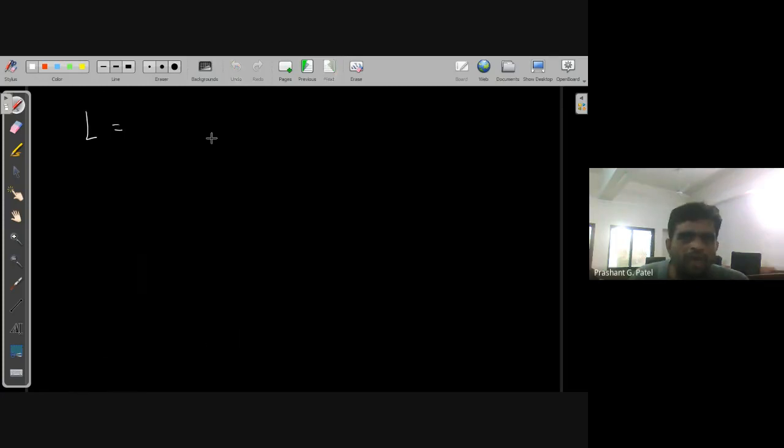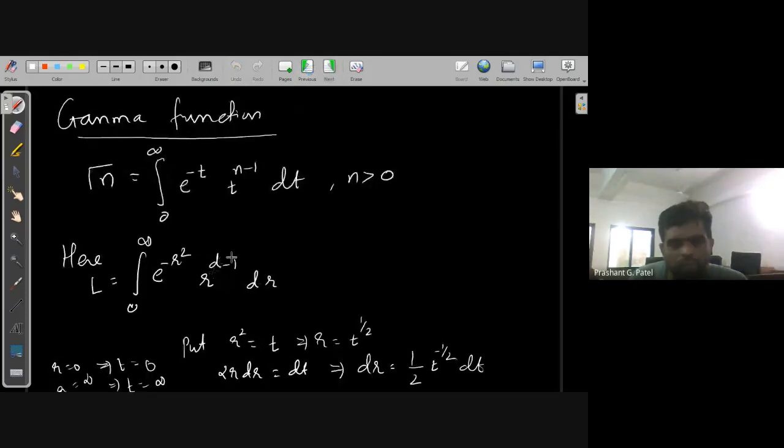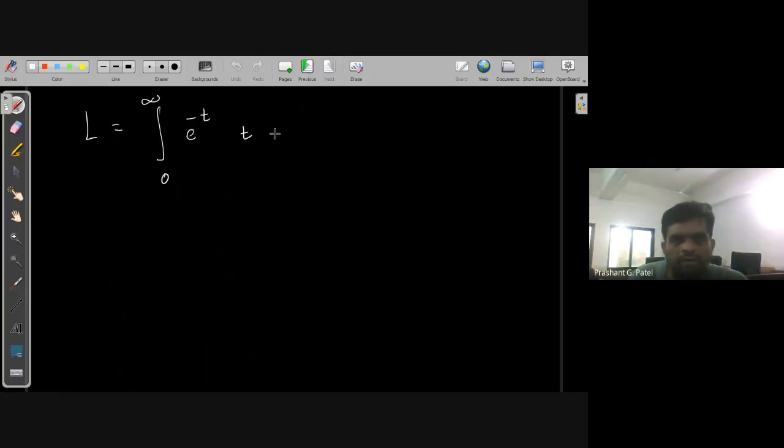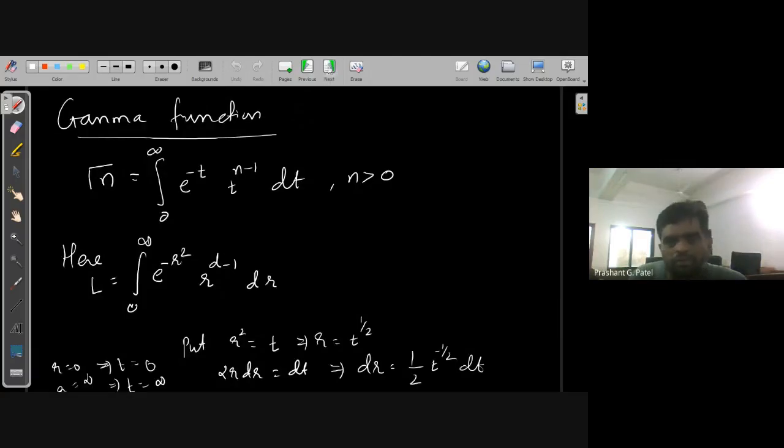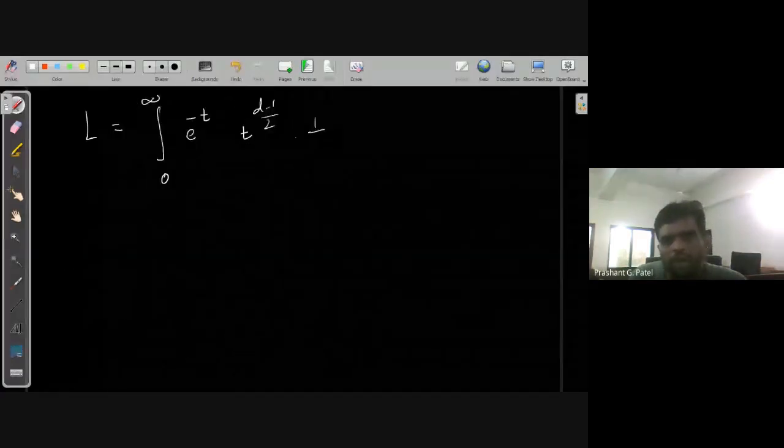Hence L is the integral from 0 to infinity of e power minus t, then r power d minus 1, but the value of r is t power 1 by 2, so that leads to t power (d minus 1) by 2, and dr is 1 by 2 t power minus 1 by 2 dt.